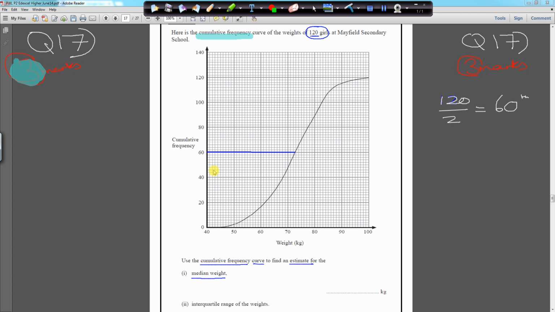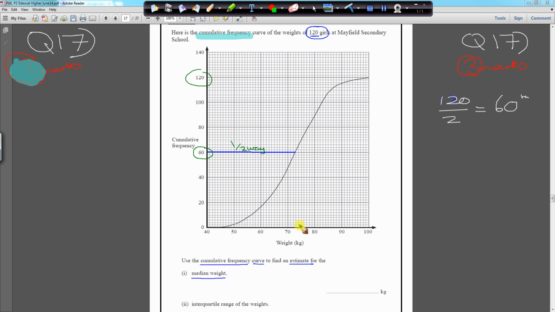So the 60th value, that's halfway in our data. Technically speaking, halfway between 120 students is between the 60th student and the 61st student. But for the sake of simplicity, we just stick with 60 for the moment.